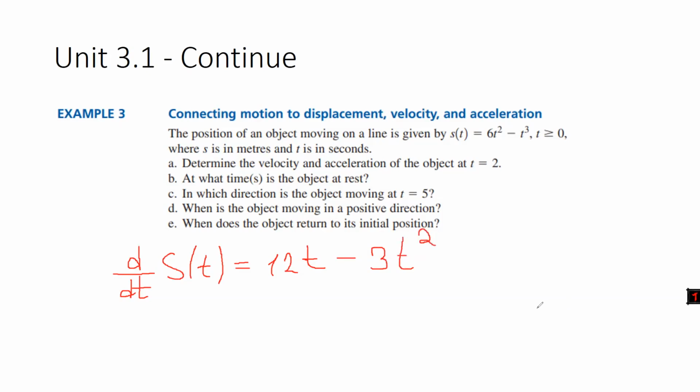Yeah, sorry. And then we plug in 2 for t to find the velocity. We say t equals 2, and we evaluate s prime of t when t equals 2, and then we get 24 subtract 12. And then we get 12.